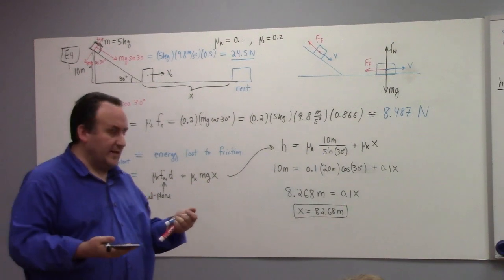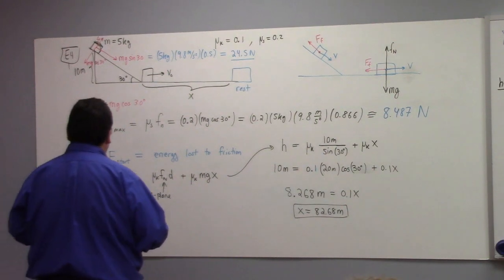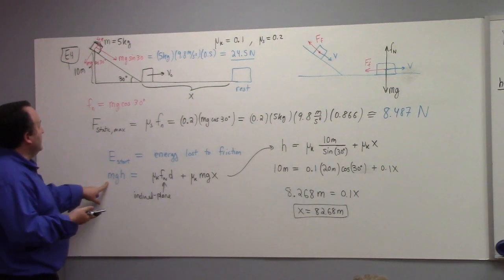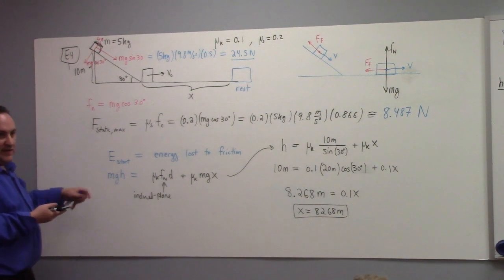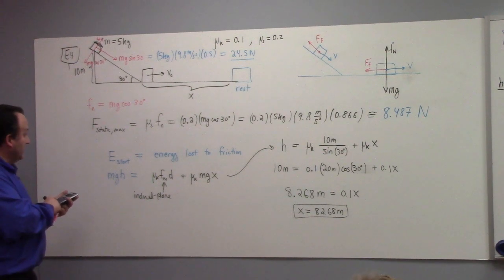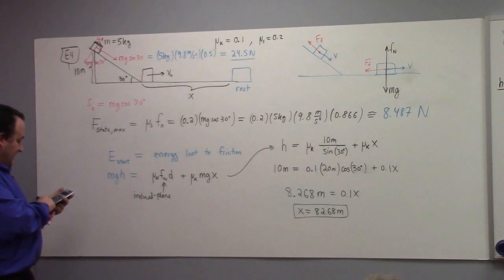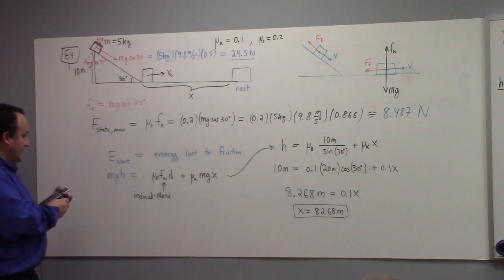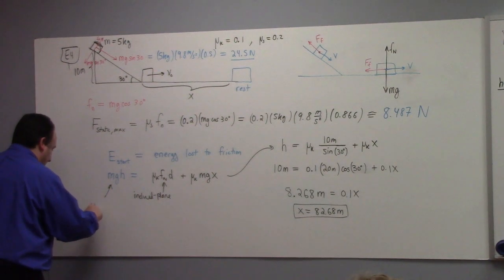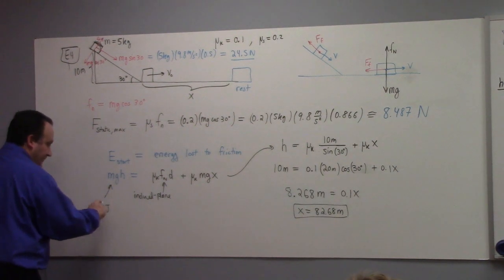You could figure that out by comparing how much energy it had at the start. What would be the energy initially? mgh, right? So the initial energy was 5 times 9.8 times 10. So the initial energy is, in fact, 490 joules.